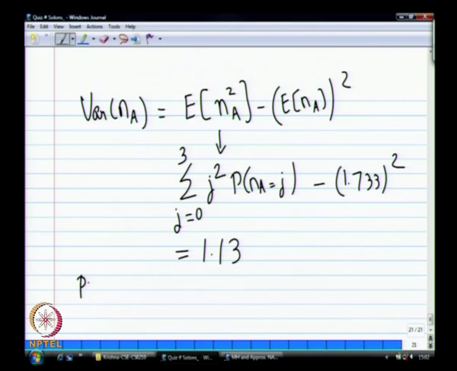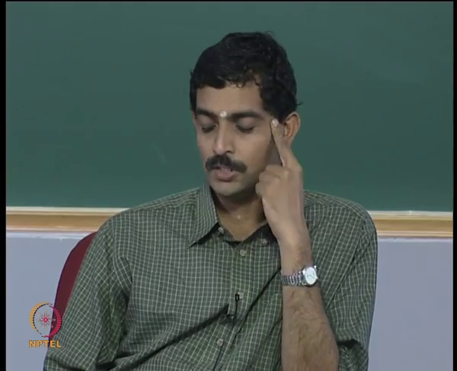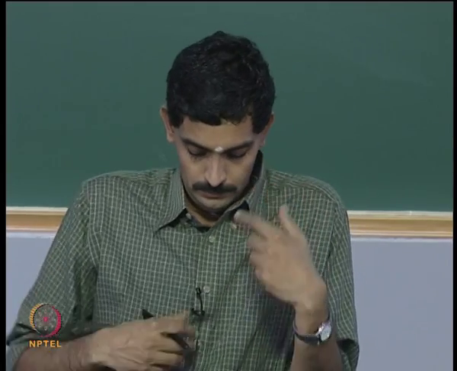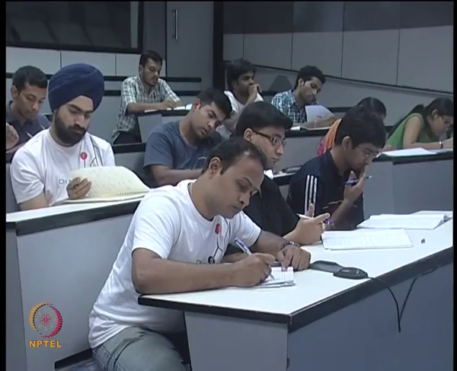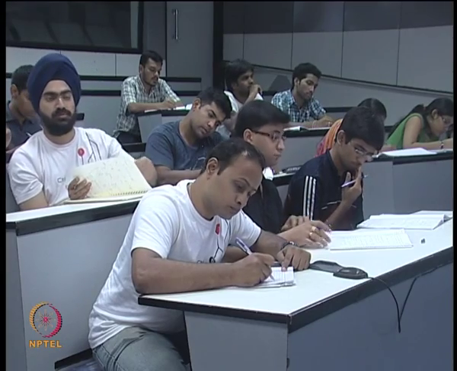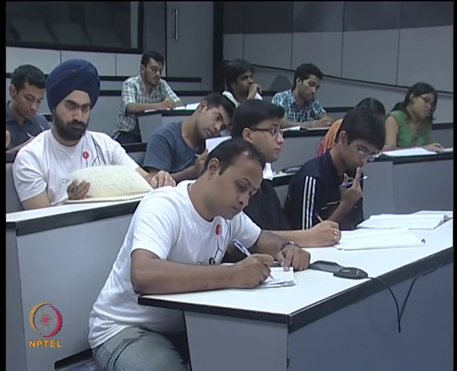So what is the probability that there is at least one customer in this queue and one customer in this queue? So at least one in queue A and at least one in queue B. So what is that?